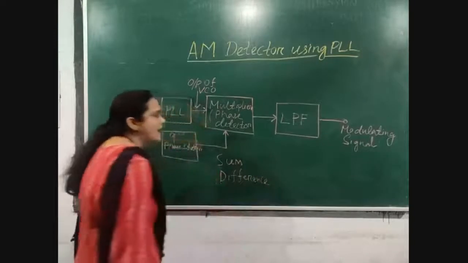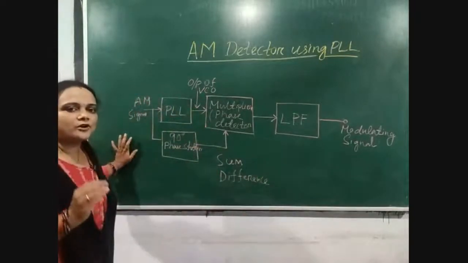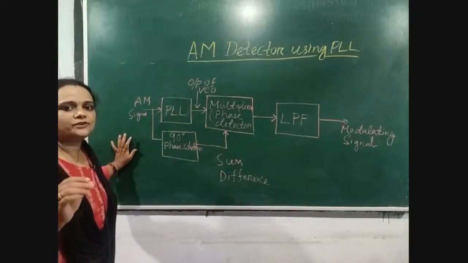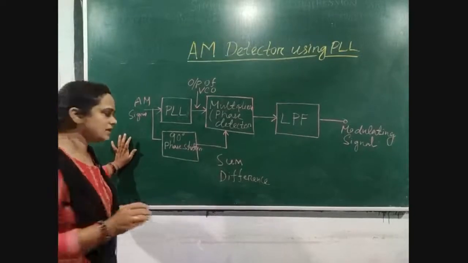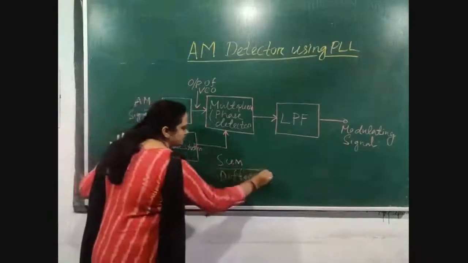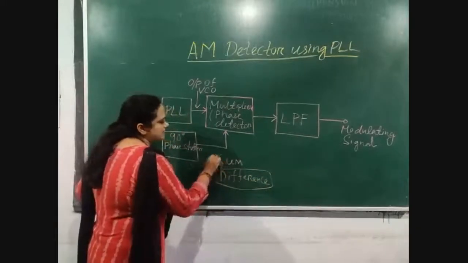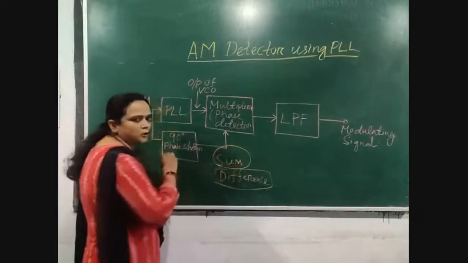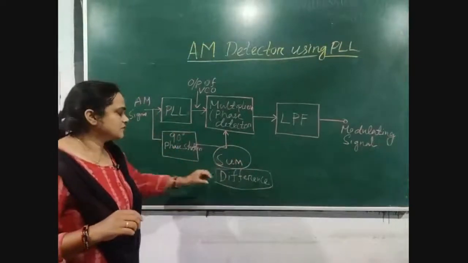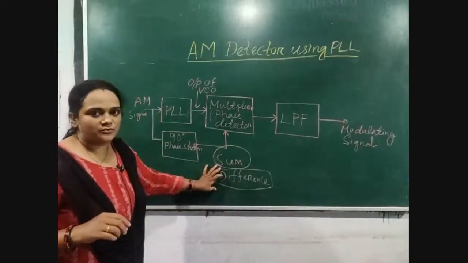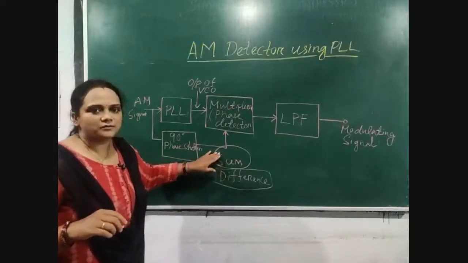But as we know, a modulating signal is a low frequency signal. So here we consider only the difference signal. This is an undesired component. So LPF helps us to consider this difference component and reject the sum component.